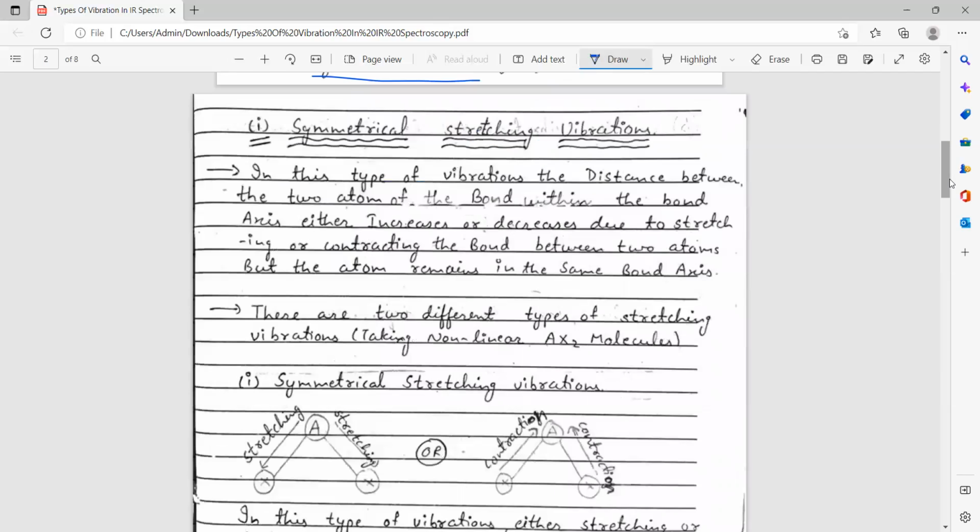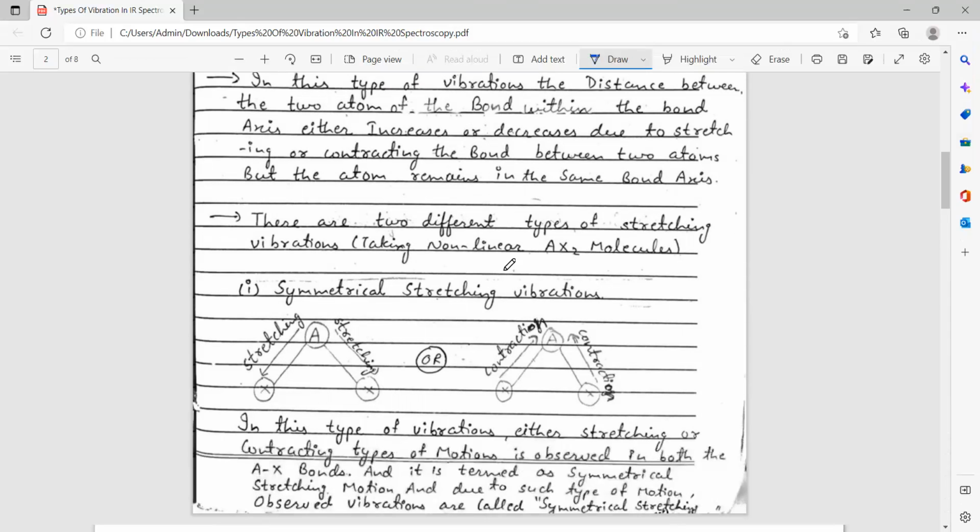So, symmetrical stretching vibrations. In this type of vibrations, the distance between the two atoms of the bond within the bond axis either increases or decreases due to stretching or contracting the bond between two atoms, but the atoms remain in the same bond axis. So here I am taking an AX2 molecule like this.